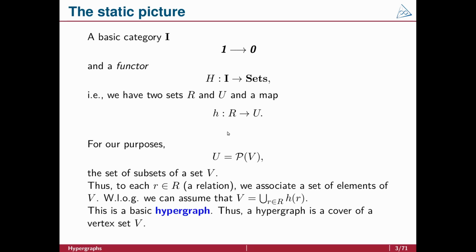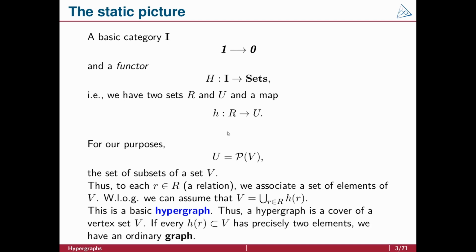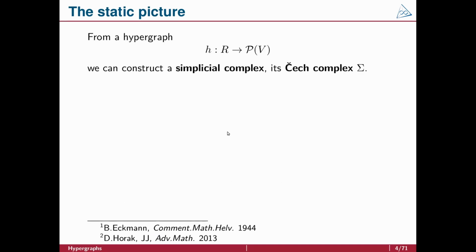That is a basic hypergraph. In other words, a hypergraph is a cover of a vertex set V. And of course, if every relation has precisely 2 elements, we have an ordinary graph. That is very abstract, but in a sense also quite trivial.